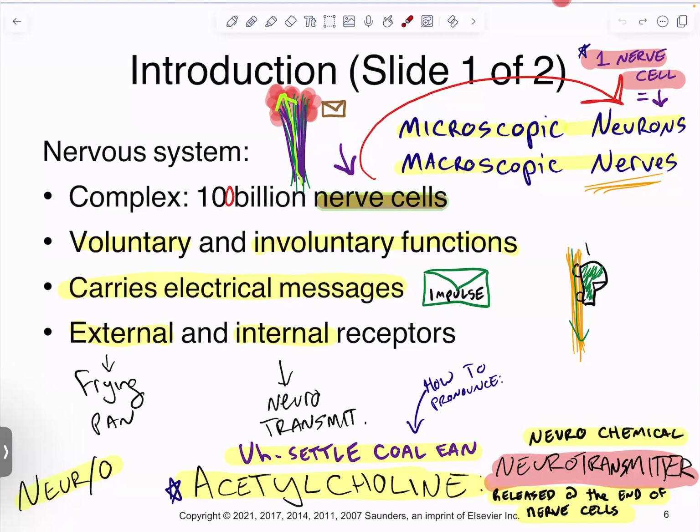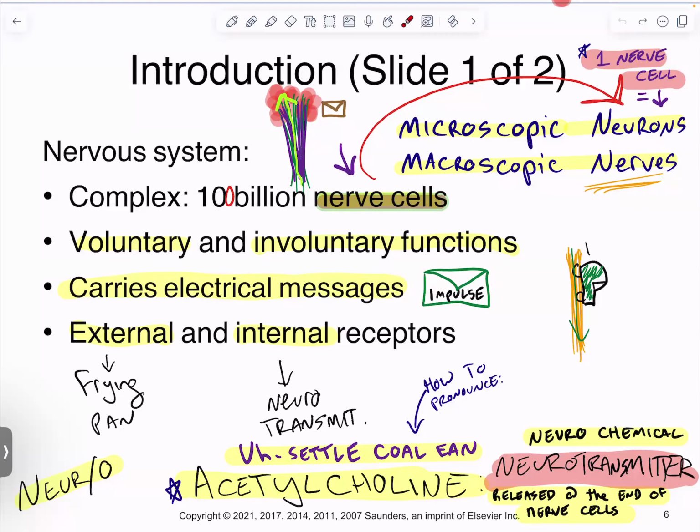Then the spinal cord and brain are going to send information back to the fingertip, letting the finger know how it feels and what to do.